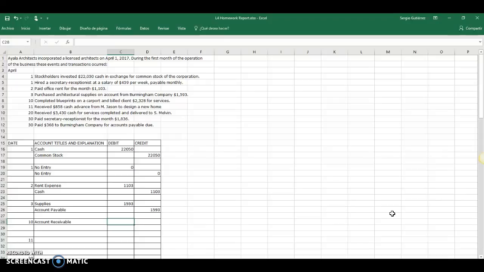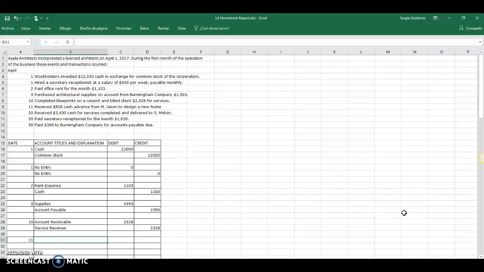So the accounts receivable for the amount of $2,328. And for the concept, we are going to use the account service revenue for the same amount.